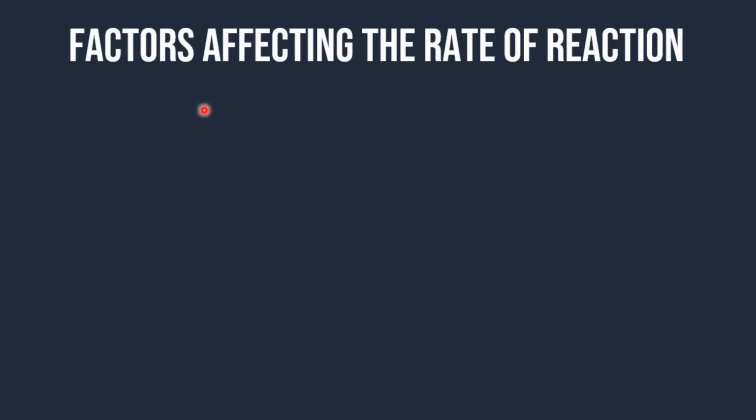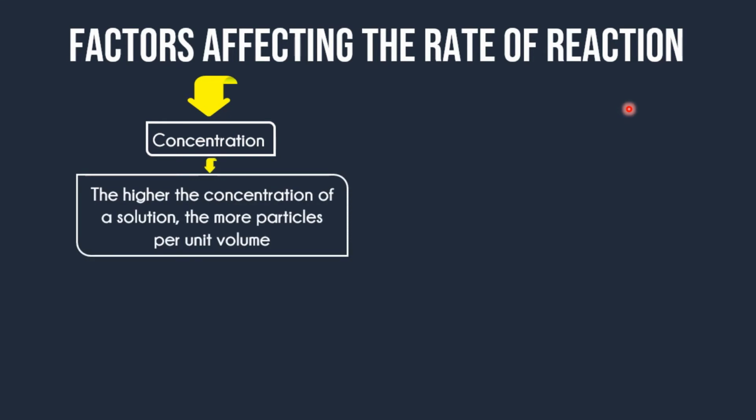Factors affecting the rate of reaction. For this syllabus, the factor affecting the rate of reaction, first, is concentration. The higher the concentration of a solution, the more particles per unit volume. Semakin tinggi kepekatan, semakin banyak particles dalam solution tu.